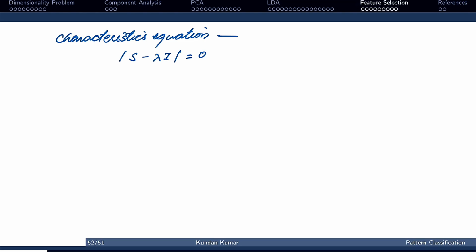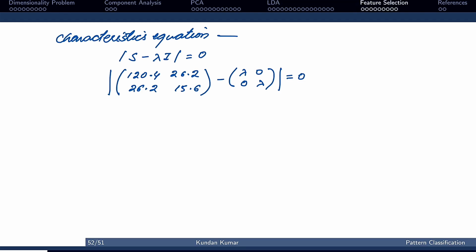So we can put here S, which is basically 120.4, 26.2, 26.2, minus lambda 0, 0, lambda, and we have to take the determinant of this term and equate it to 0.